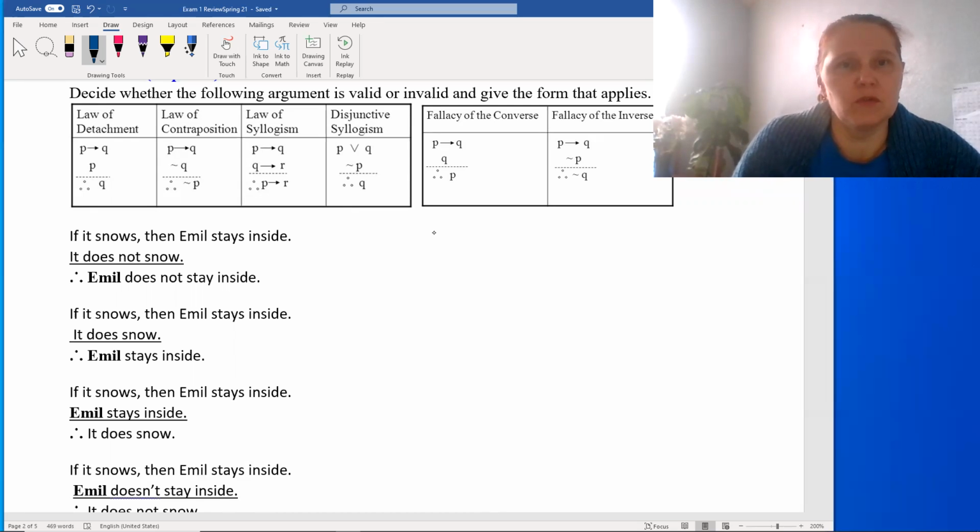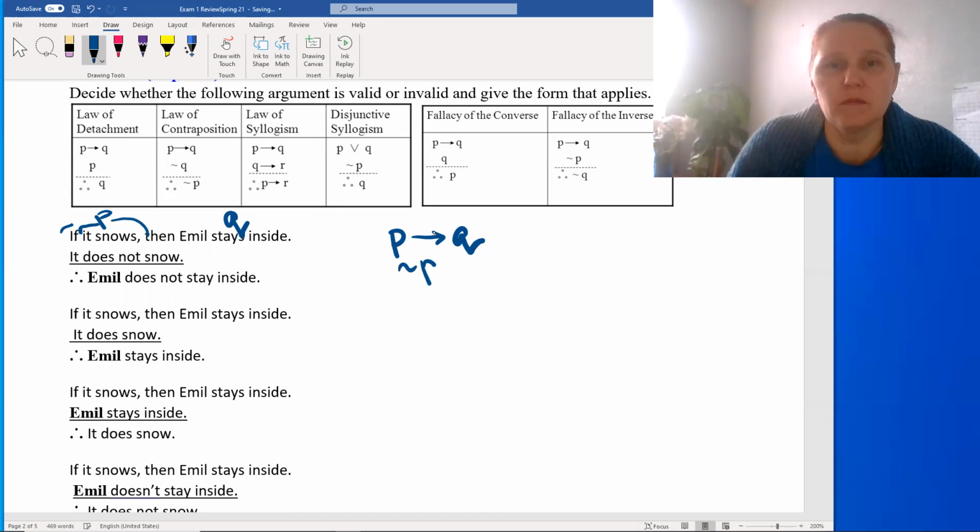If it snows, let us call this P, then Emil stays inside, let's call it Q. If P, then Q. It does not snow, so the second premise is not P. Therefore, Emil does not stay inside. Staying inside is Q, so we have here not Q.